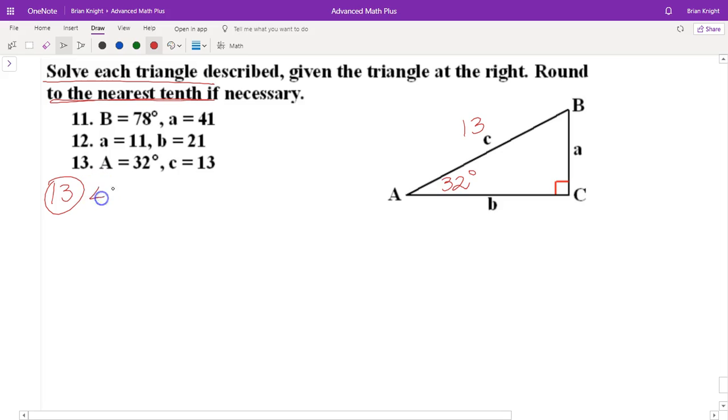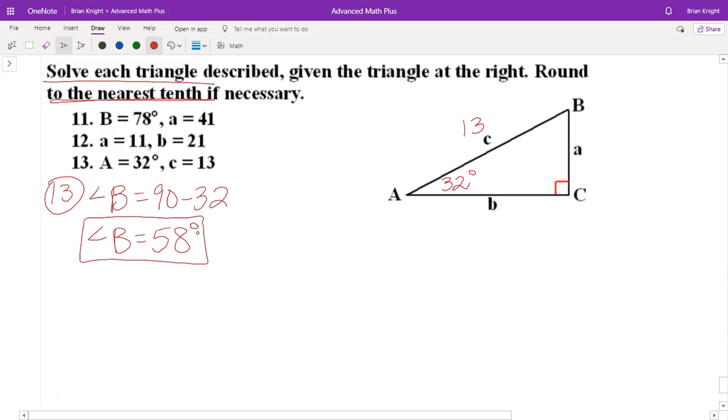So angle B, what do I do to find it? 90 minus 32. What is 90 minus 32? 58 degrees.